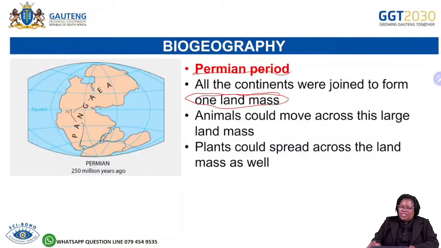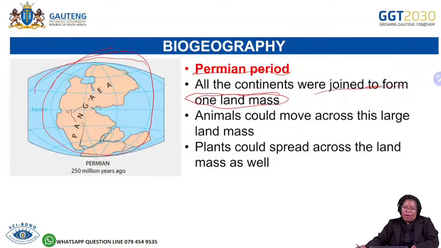All continents were joined to form one land mass. Can you see? Also in geography, this is what we're talking about. This one land mass, we call it the Pangea. So what is Pangea? It is when all continents were joined together to form one land mass.